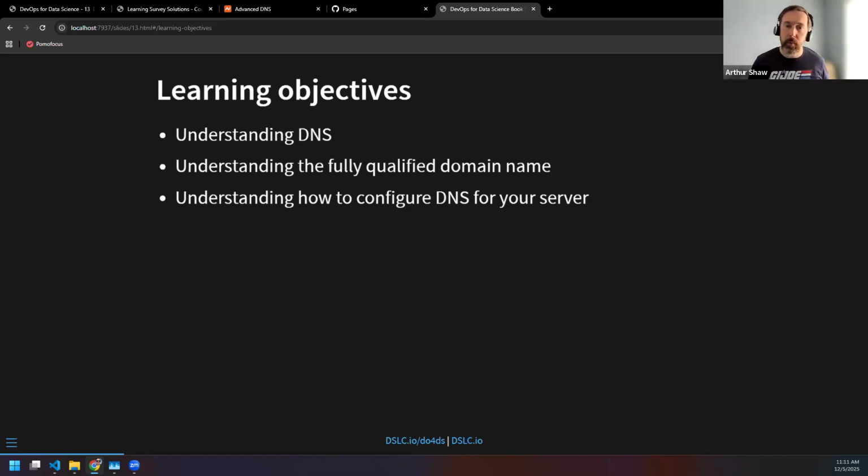And in a certain sense, what we're talking about here is another form of networking where you have a URL, and then you want to hook that URL to an IP address. And so how then to do that?